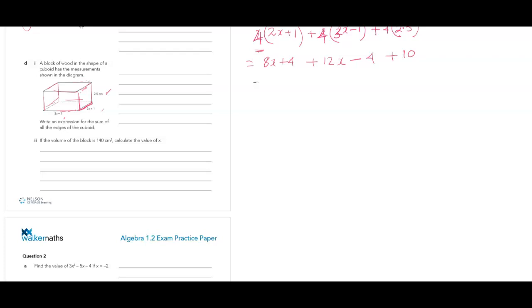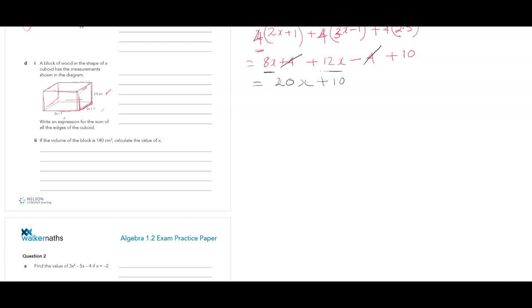Now I have to simplify that expression. 8x plus 12x is 20x, so that gives you 20x, and this 4 and 4 cancel out, plus 10.